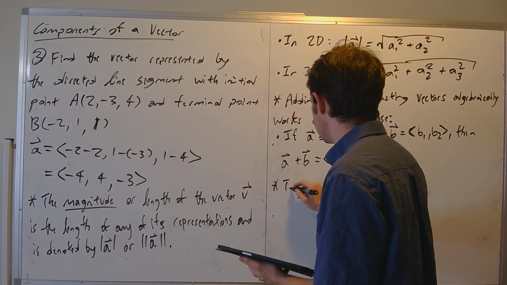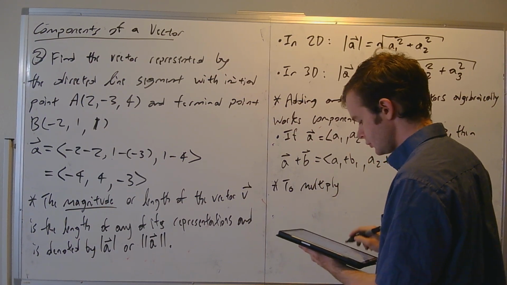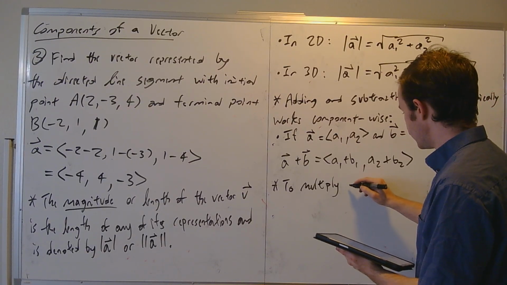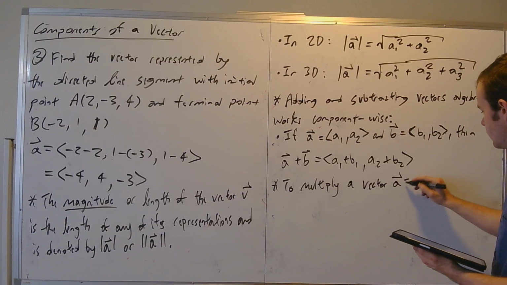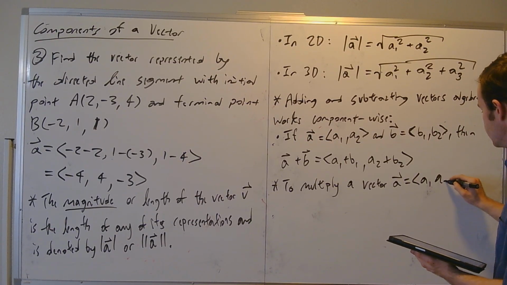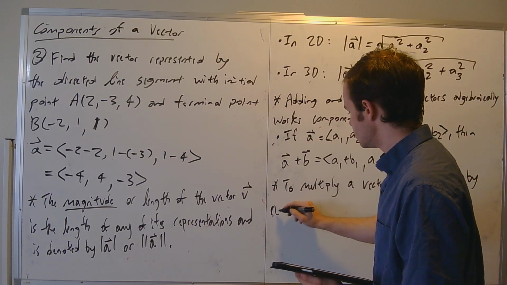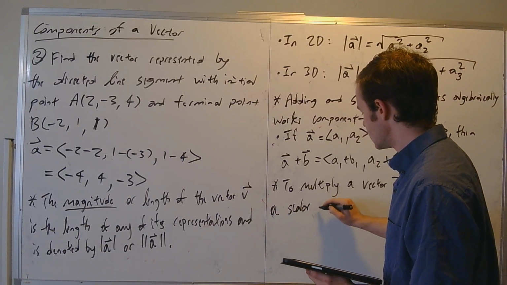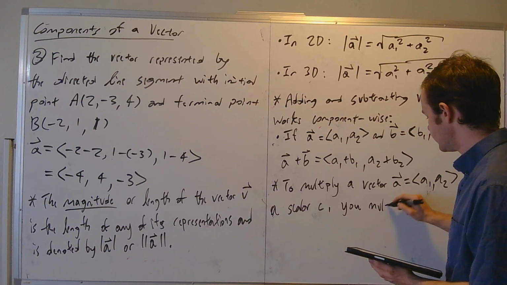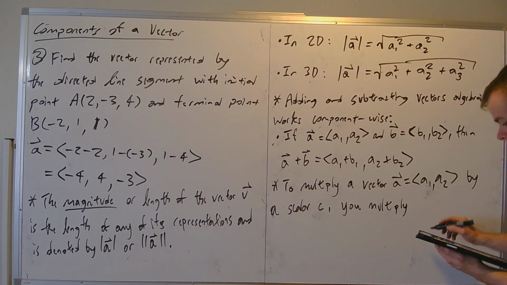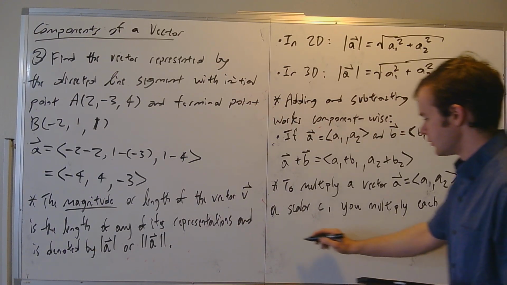So to multiply a vector A equals A1, A2 by a scalar C, you multiply each component by C.